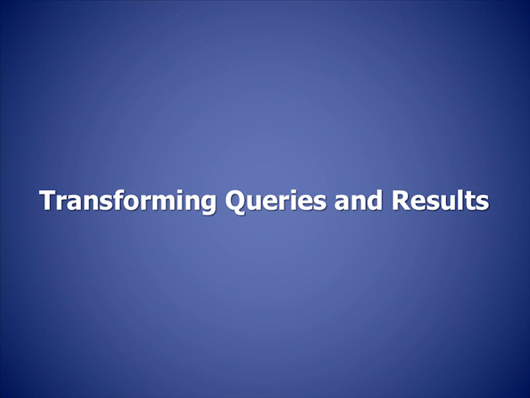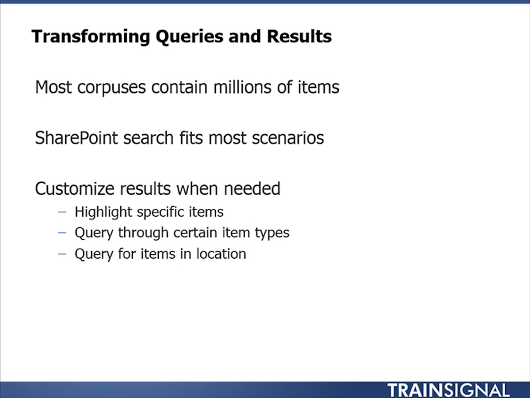Let's talk a little bit about transforming queries and results. Most SharePoint search corpuses, your indexes, are going to have millions of items. And while SharePoint search is going to, right out of the box, fit many scenarios, it's certainly not a one-size-fits-all product.